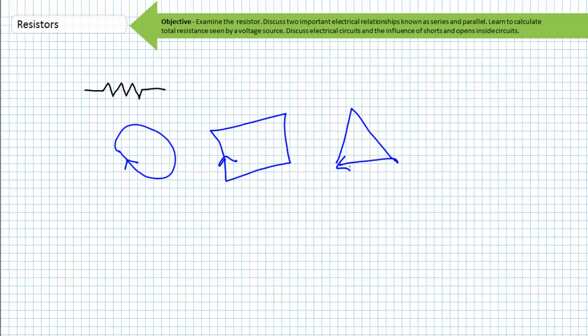Or a circuit could be composed of many different pathways, at least one of which comes back to our starting point. Without at least a single closed loop, there is no circuit, and there is no way conventional current can flow from the positive terminal of a voltage source to the negative terminal. A closed circuit requires a closed path for current to flow.